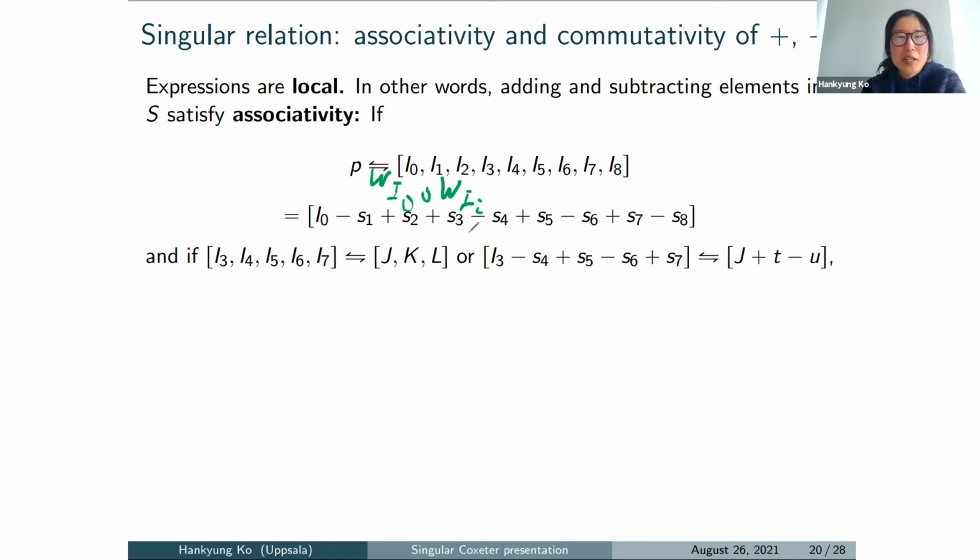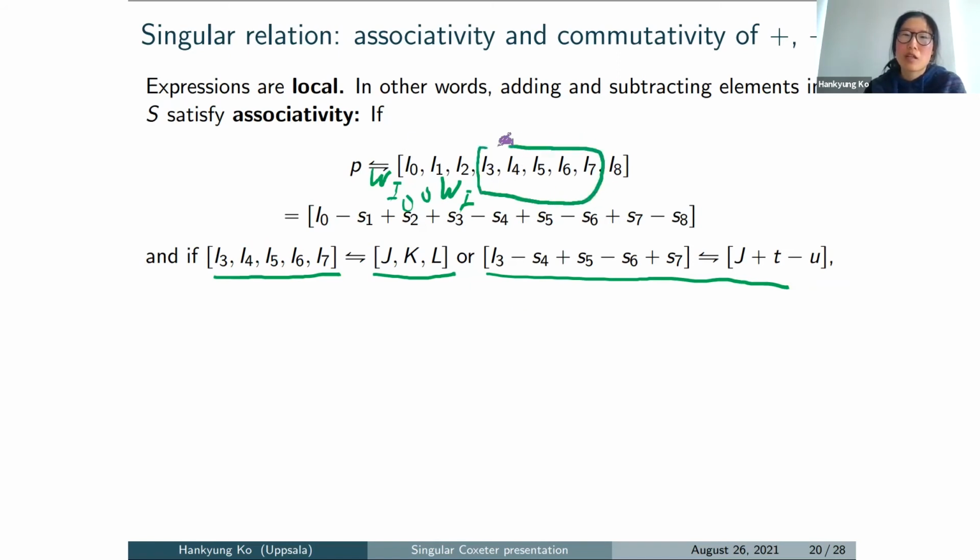But still we can do, if you have this expressing the same parabolic double coset as JKL, and this is just this other notation, same thing written in the other notation, then you can replace this by JKL.